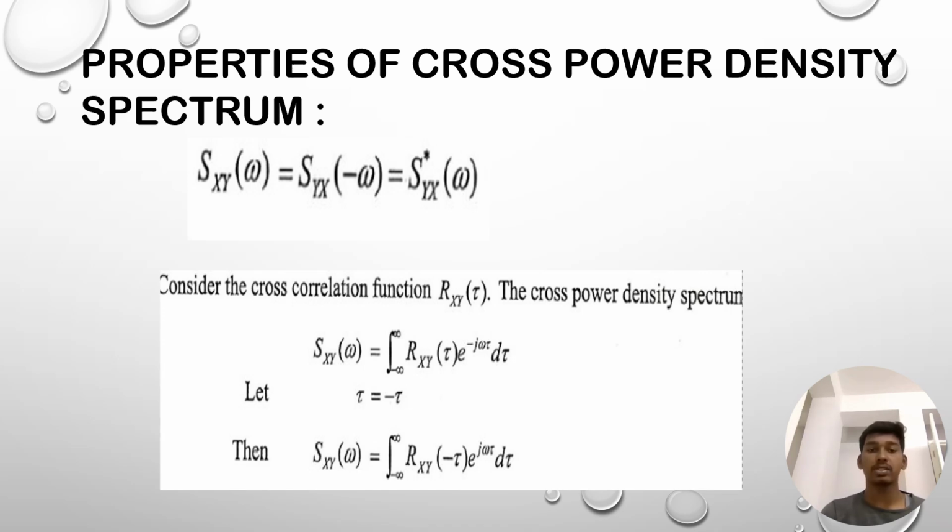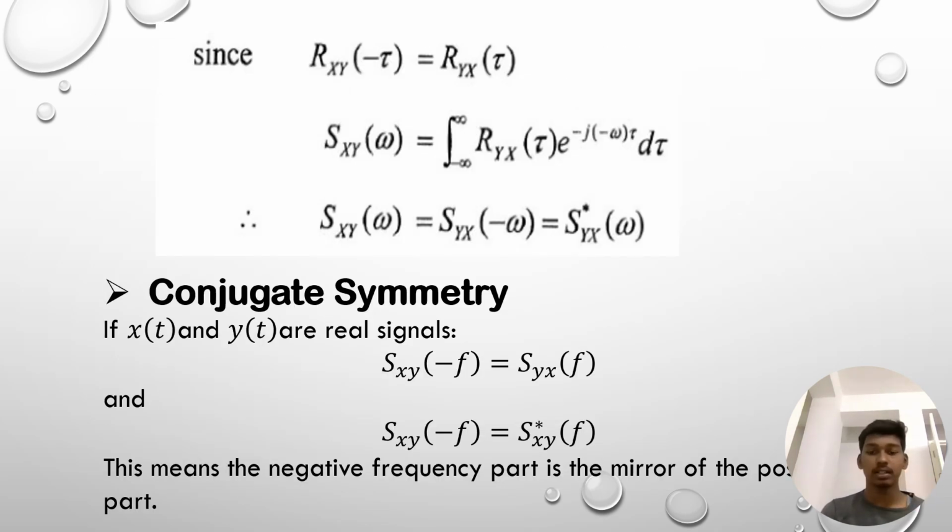Let tau be equal to minus tau. We are replacing tau with minus tau. Then Syx of omega is equal to the integral from minus infinity to infinity. These both are vice versa.